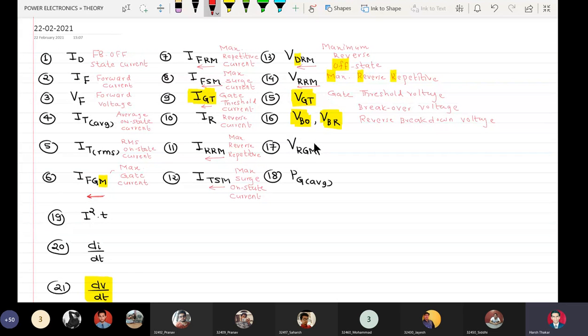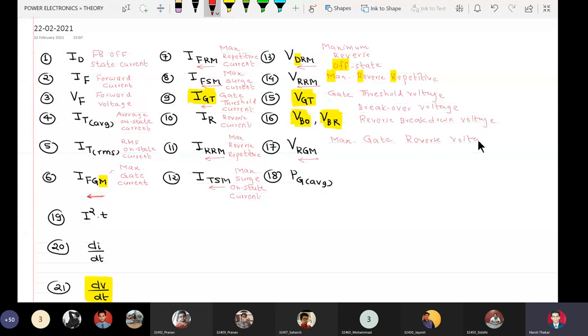VRGM. So VRGM, M for max, G for gate, and R for reverse. Again starting from right to left. M for max, maximum, G for gate, maximum gate, R for reverse voltage.